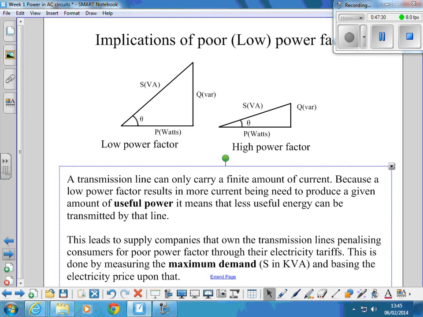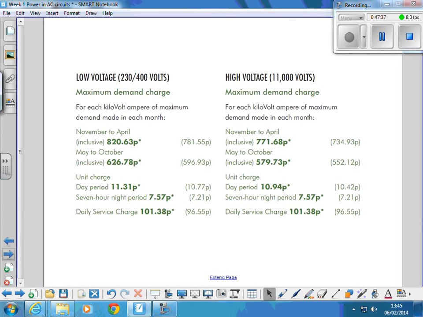I had a little search on the internet, and I got a table for an electricity company on the island of Jersey of all places. Just as an example, on a low voltage 230/400 volt supply, the maximum demand charge is 820 pence per kilovolt ampere of maximum demand.